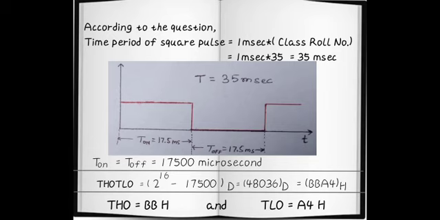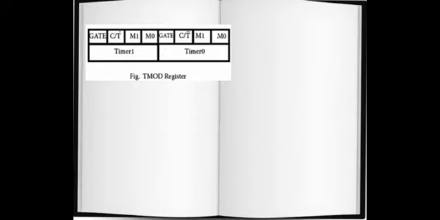Now we have to deal with the other two registers, that is TMOD and TCON. Here is the TMOD register. As we are using timer 0, we don't need to set any bit of the timer 1 region, so all these bits will be 0.